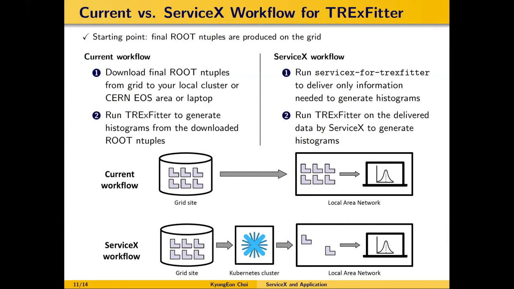In the ServiceX workflow, instead of downloading all files, run ServiceX for TRExFitter to deliver all the information needed to generate histograms, and then run TRExFitter on the data delivered by ServiceX to generate histograms. From a user perspective, downloading data from the grid using Rucio is comparable to downloading data using ServiceX for TRExFitter, or maybe easier since you can use the same configuration file to do that.